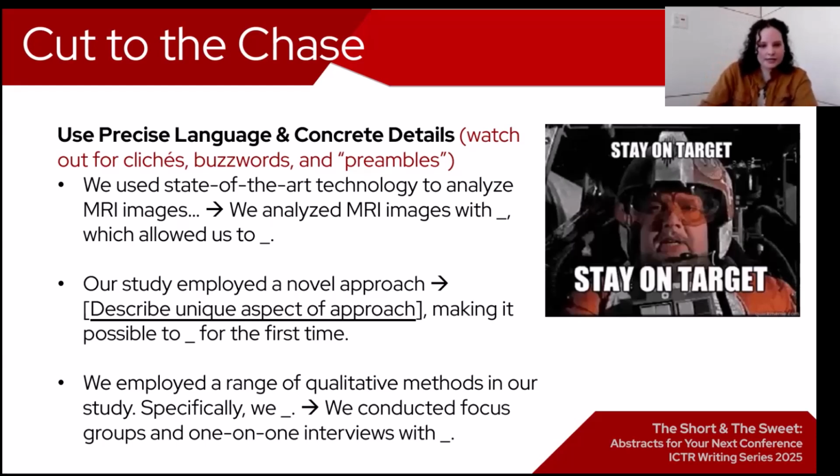And the third example is the preamble, which I see quite frequently, where we have some sort of broad general statement such as "we employed a range of qualitative methods in our study, specifically we" blank. You can just completely skip that part and say "we conducted focus groups and one-on-one interviews." Just cutting to the chase saves you a lot of space when it matters in an abstract.